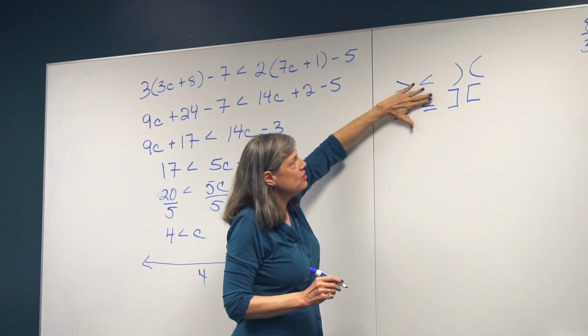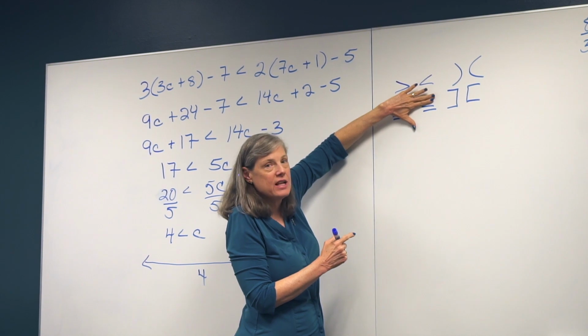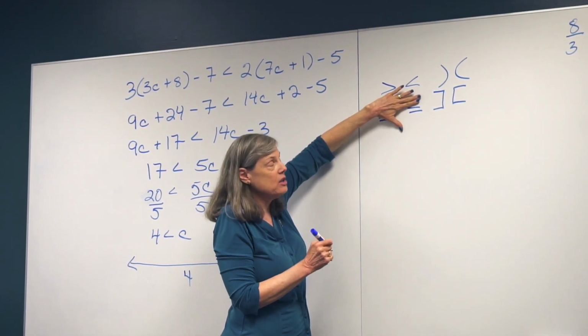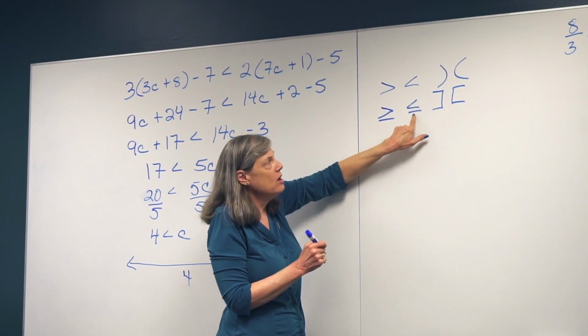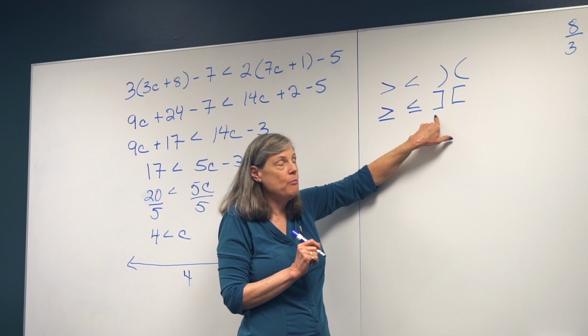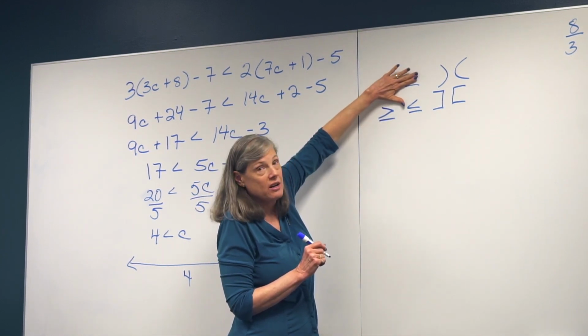So one thing I like to do, if I put my finger over this and look at this, it looks like an equal sign. Equals means that number is included. Also, this is a straight line, and so is this. Maybe that will help you know when to use a bracket. If you do this, it doesn't look like an equal sign.